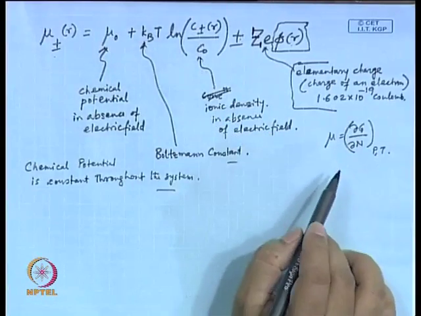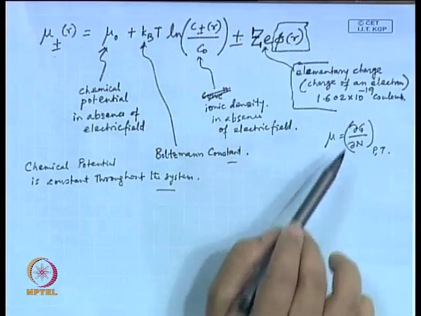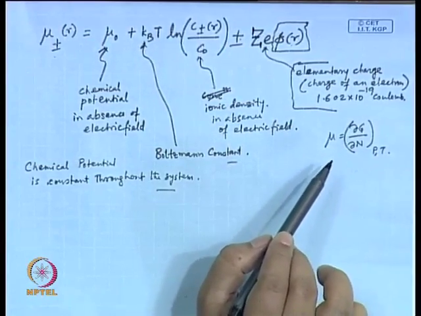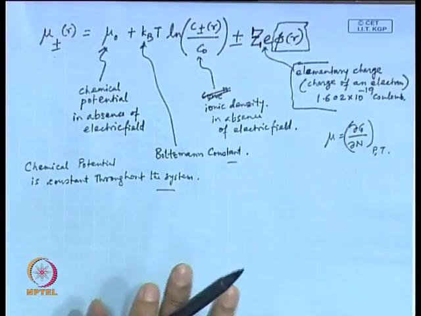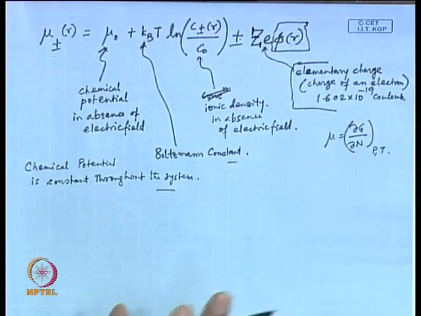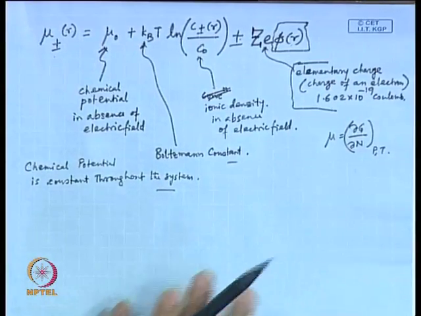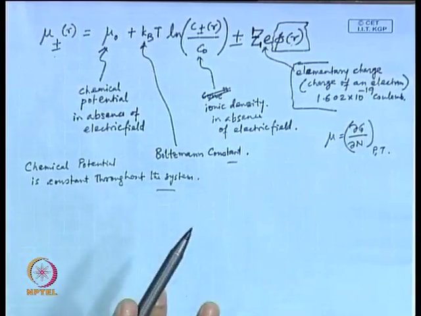I am not getting into this, but you can refer to a thermodynamics book to find out how we can arrive at this expression. So, this is basically the guiding expression for the ionic or charge profile above the surface.